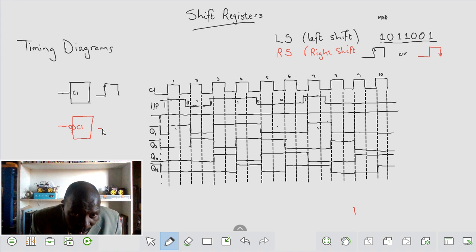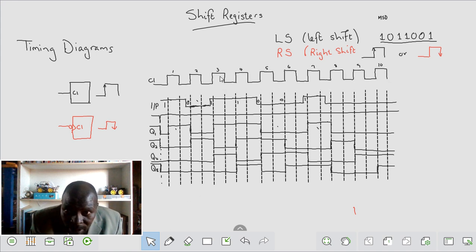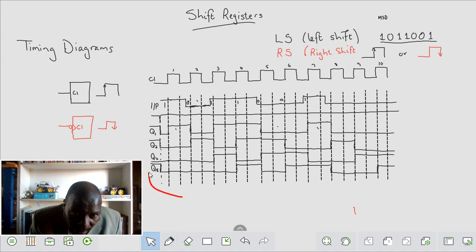Our clock is going to be, again, a reminder, trailing edge. I wonder whether it won't look clumsy together here. Probably move this down first.